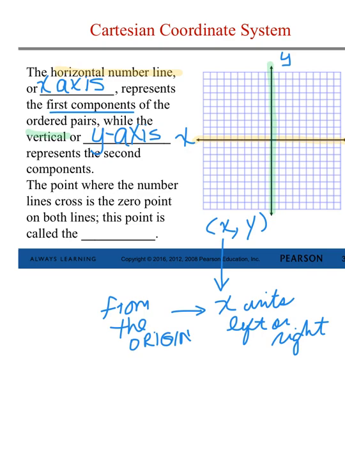You're going to go left if your x value is negative. You're going to go right if your x value is positive.